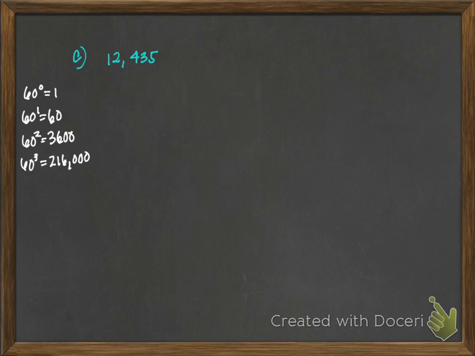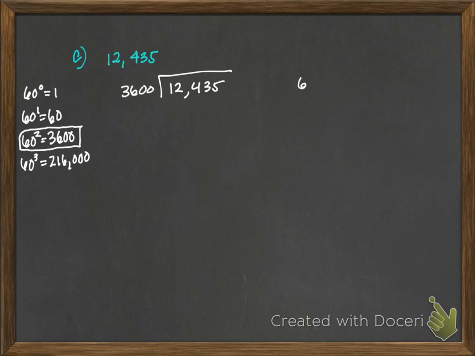We can see 60 to the third is too big, so I have to start here. My first step is to take 12,435 and divide it by 3,600, notating on the side that I'm starting with 60 squared. When I do the math, 3,600 goes into 12,435 3 times.